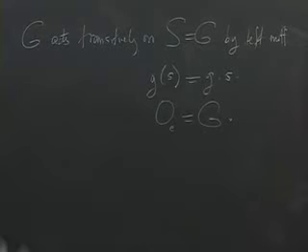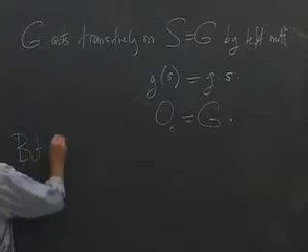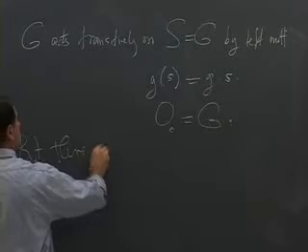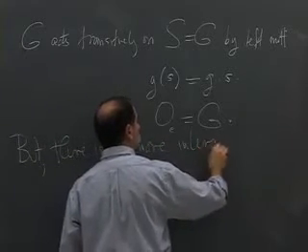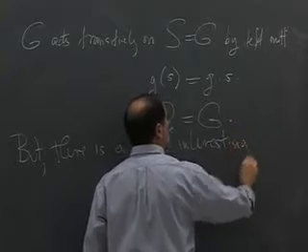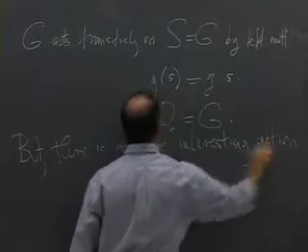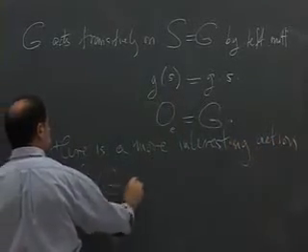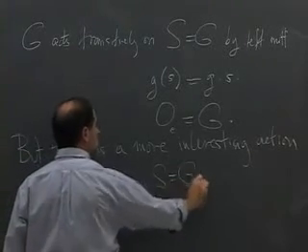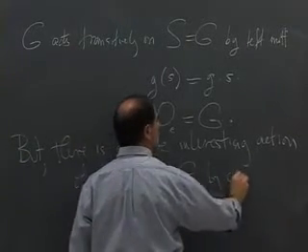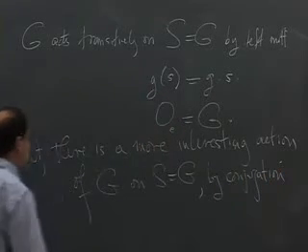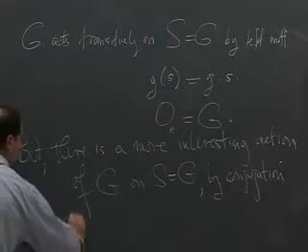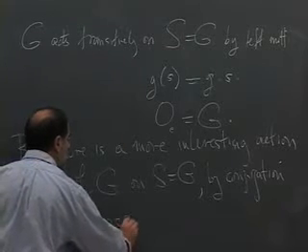But there is a more interesting action of G on itself by conjugation. And here the action is that g of s is equal to g s g inverse.